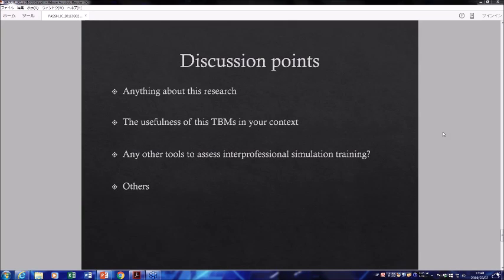But anyway, it is time consuming. If you use this article in your context, maybe it's hard, right? Because you cannot record every single simulation session. Right, exactly.